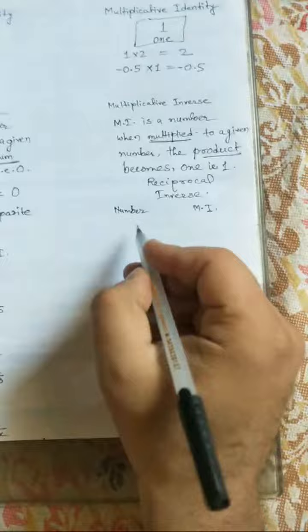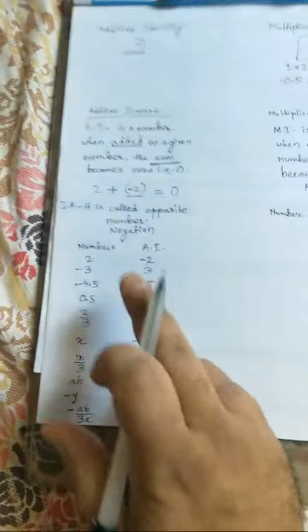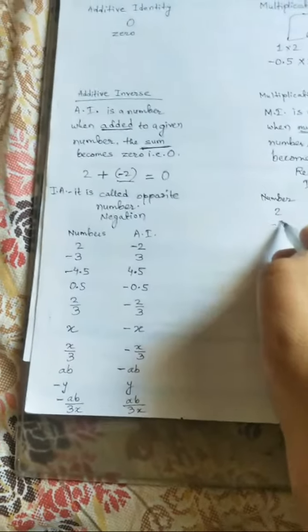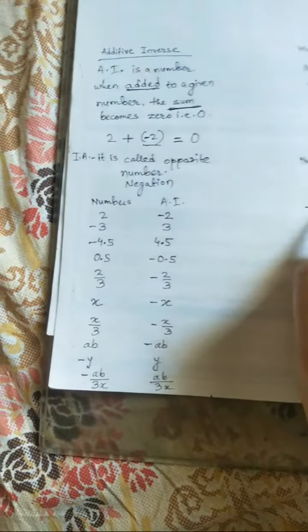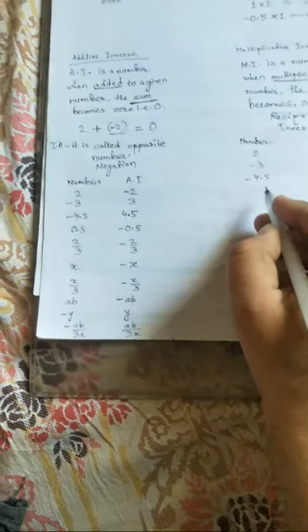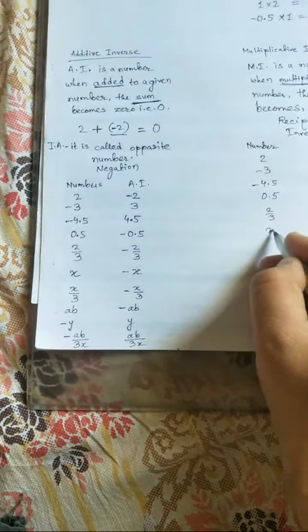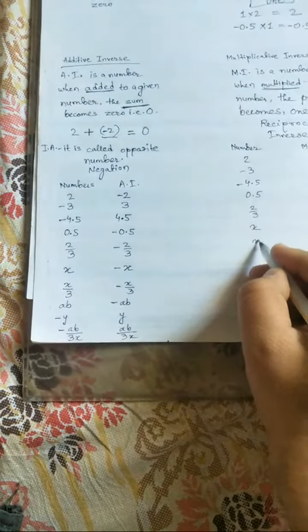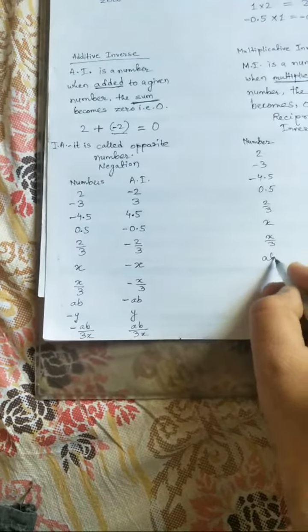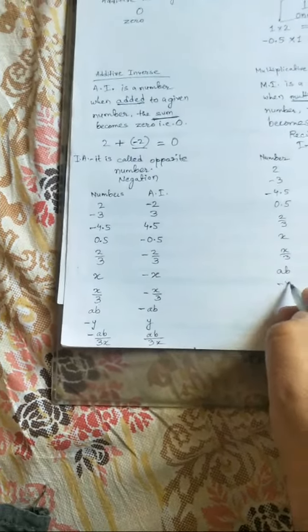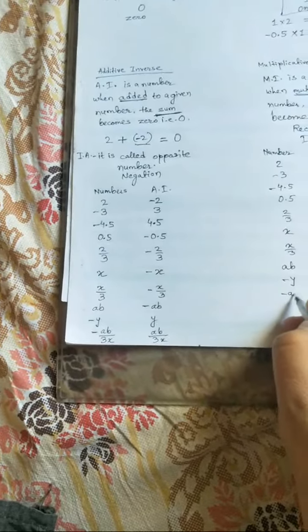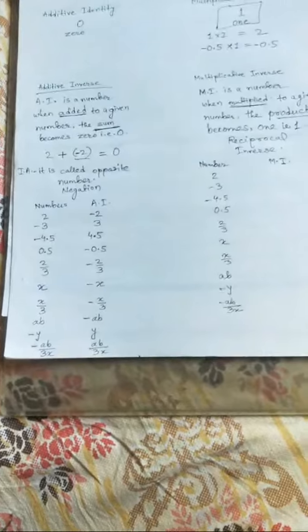Let's take these examples: 2, minus 3, minus 4.5, 0.5, 2 by 3, x, x by 3, ab, minus y, minus ab by 3x. The same examples we shall take to see what their multiplicative inverses are.